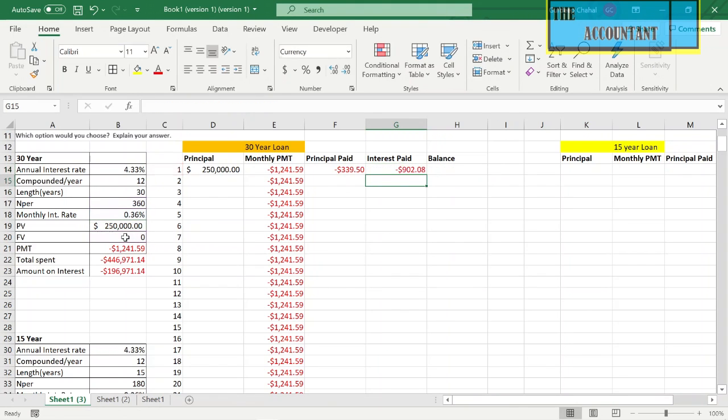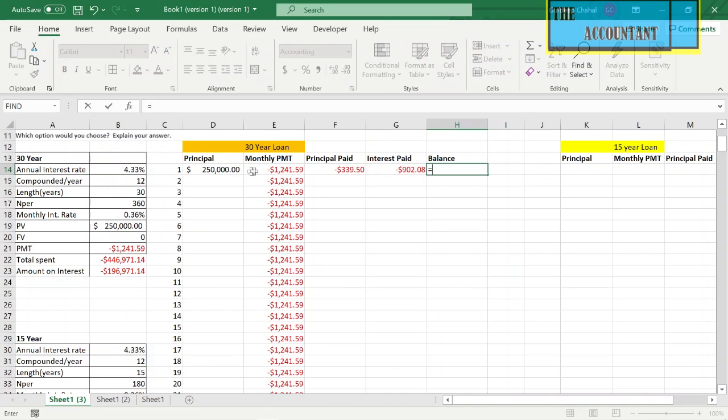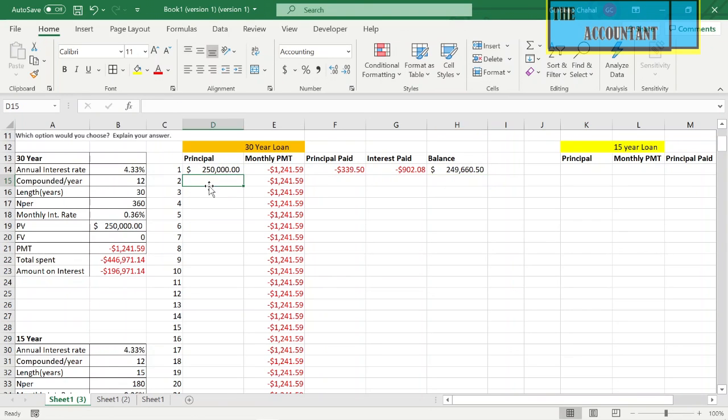So $900 out of this monthly payment is interest. So now your balance is going to be your principal plus this amount, which was taken out of your principal. Gives you 249,660.